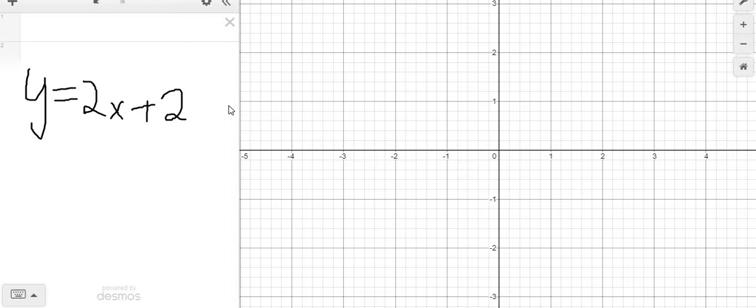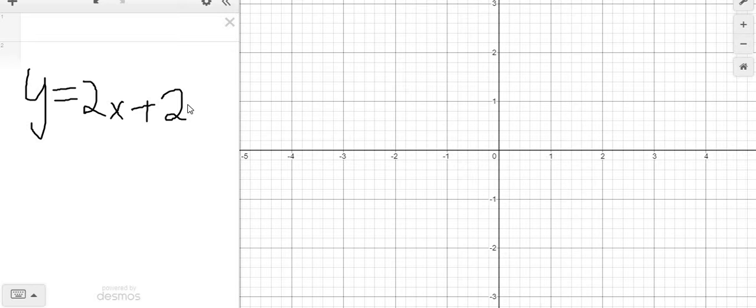So when we're figuring out how to graph a line, we look at the axis, okay? We can first graph a line by taking the y-intercept and looking at the y-axis. We plot the point right here.